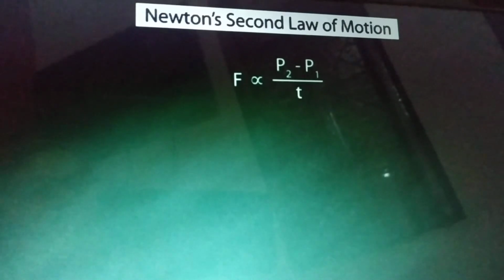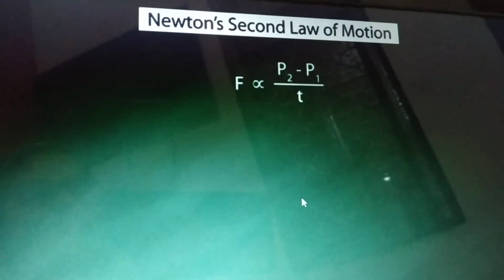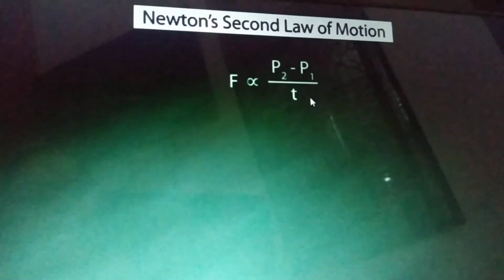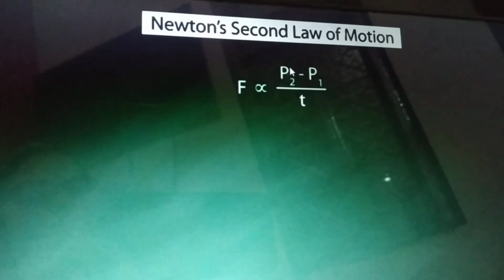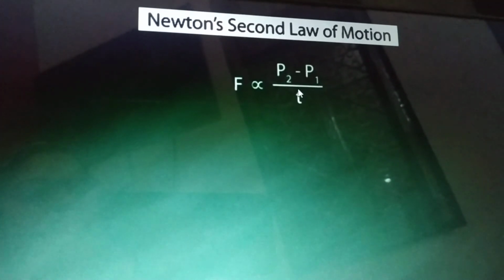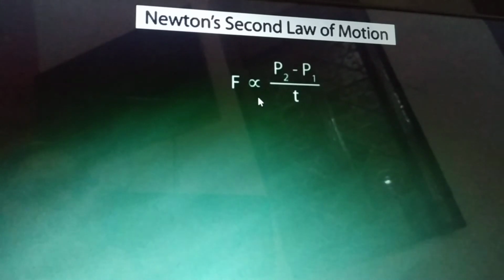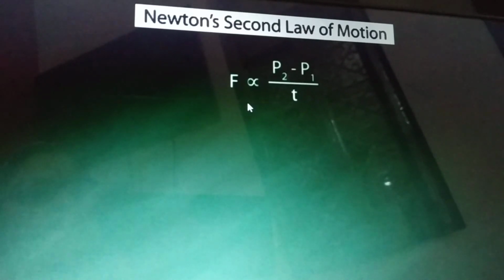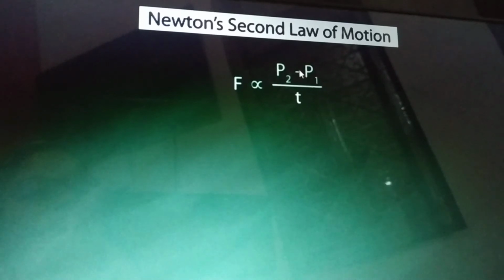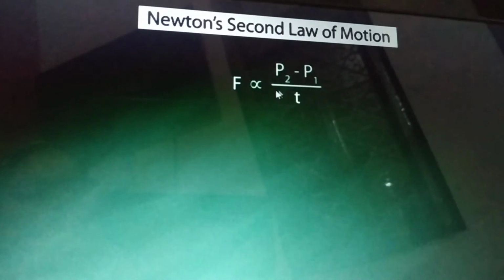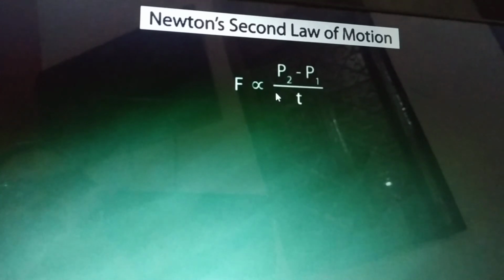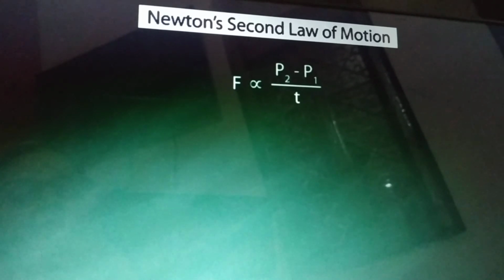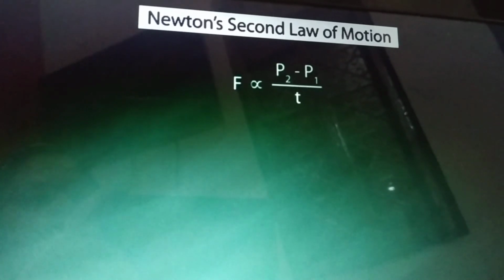So Newton's second law of motion says that the rate of change of momentum that we have just found here, p2 minus p1 divided by t, is directly proportional to F, right? So the rate of change of momentum is directly proportional to the force applied to a body.